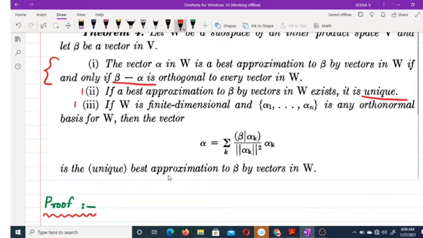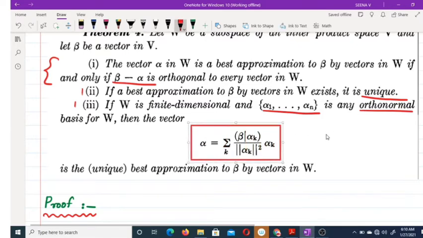And the last result: if W is finite dimensional and alpha 1, alpha 2, etc., alpha n is an orthonormal basis for W, then this vector alpha equal to sigma over k of inner product of beta and alpha k divided by norm of alpha k square into alpha k is the unique best approximation to beta by vectors in W. This is what we have to prove. Okay, clear? I will repeat the statement.